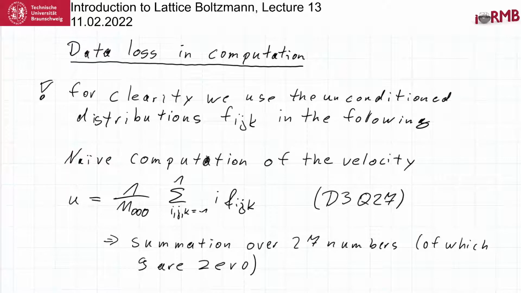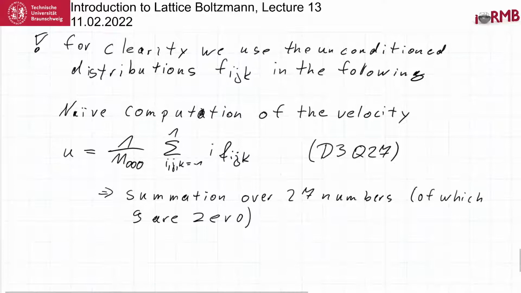Because of course, there are 9 in this sum: 9 times 0, and 9 times -1, and 9 times 1. So we only use 2/3 of this calculation that actually does anything in the first place. However, this is not the problem that we want to discuss today. It means an efficiency problem, but it's not an accuracy problem.